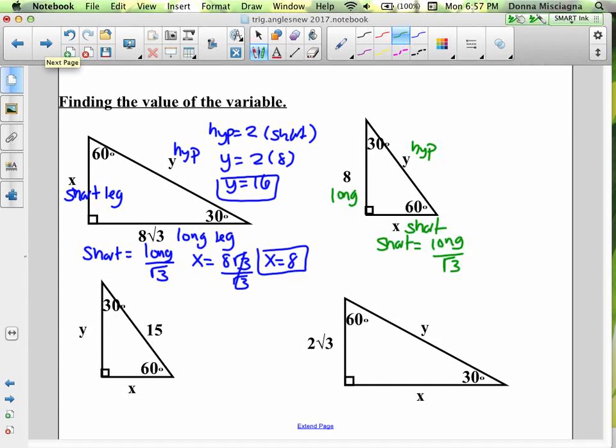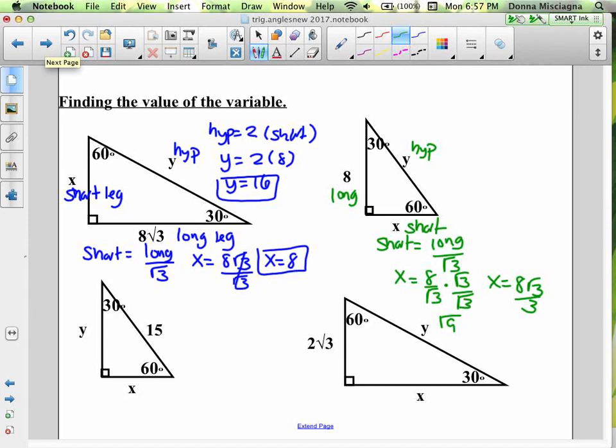So our short here, x, is 8 divided by the square root of 3, and I'm going to have to multiply by the square root of 3 over the square root of 3 to rationalize it. So now this is going to become 8 square roots of 3, and this would be square root of 9, which is 3.